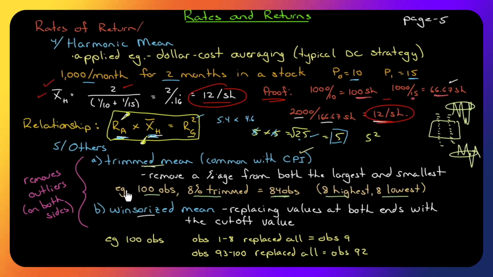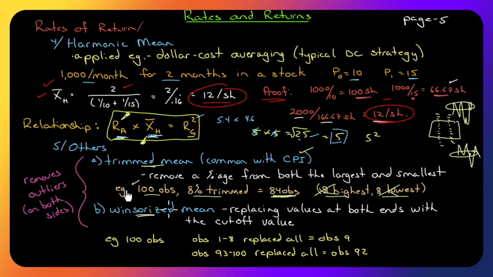Don't get confused between that. The number of observations is 16% lower than 100, but because we've taken equal amounts from both ends, 8% from both ends, totaling 16%. And then we simply eliminate the 8 highest and the 8 lowest and calculate a trimmed mean.